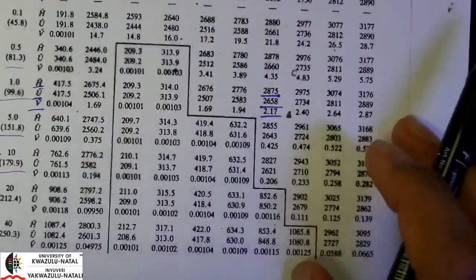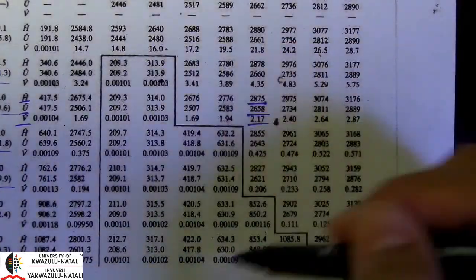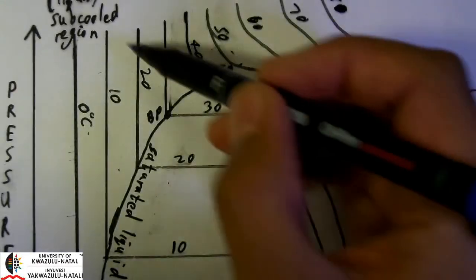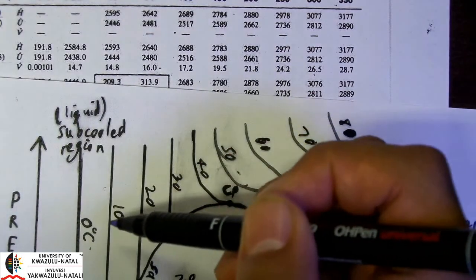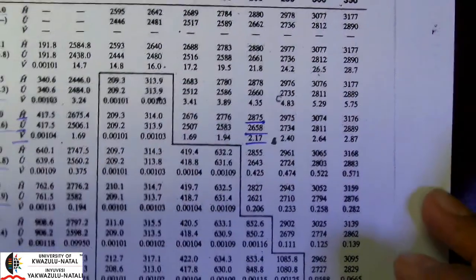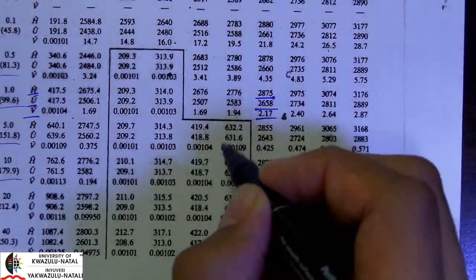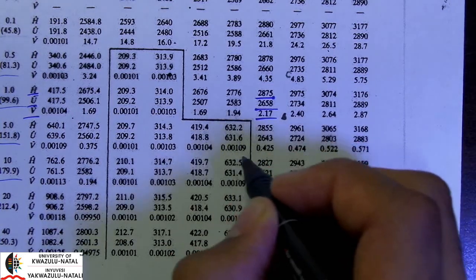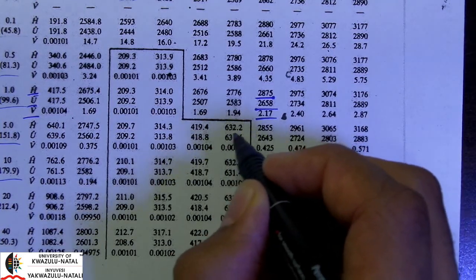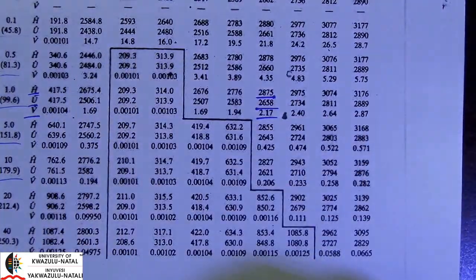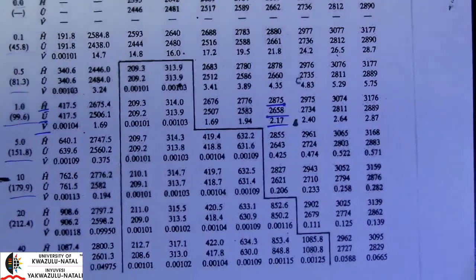Now anything inside this block bar deals with our subcooled region. And as you can see, the differences in enthalpy and internal energy, etc., are all significantly lower for our subcooled region.